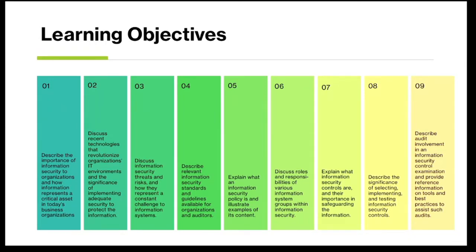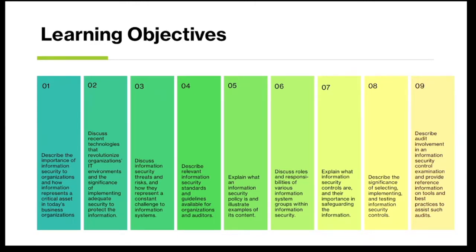Number two, discuss recent technologies that revolutionized organizations' IT environments and the significance of implementing adequate security to protect the information. Number three, discuss information security threats and risks and how they represent a constant challenge to information systems.